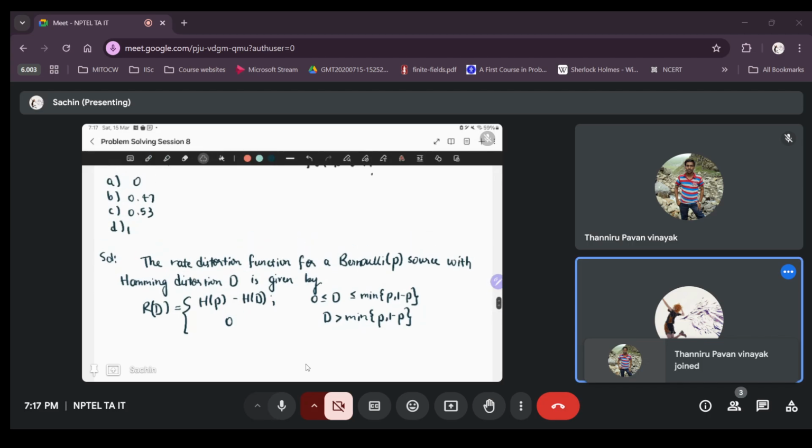So if D is greater than minimum of p comma 1 minus p, then you can always just reconstruct to a single value. You can reconstruct to either just 0 or 1 all the time, and the distortion condition will be met.